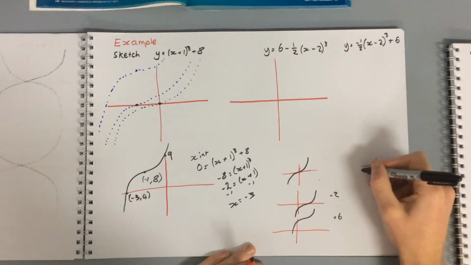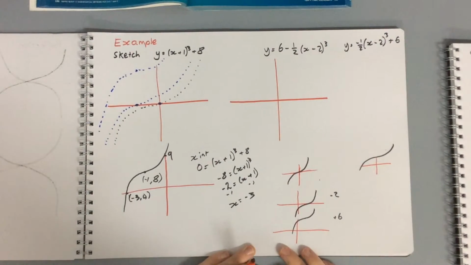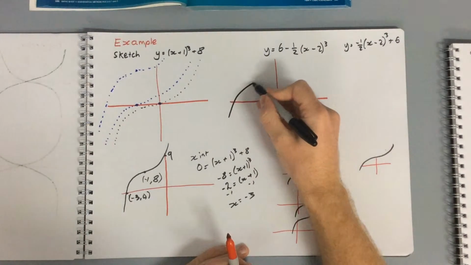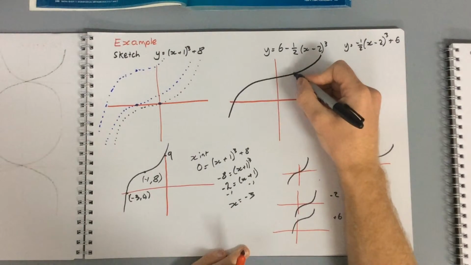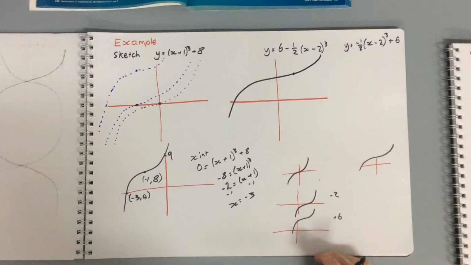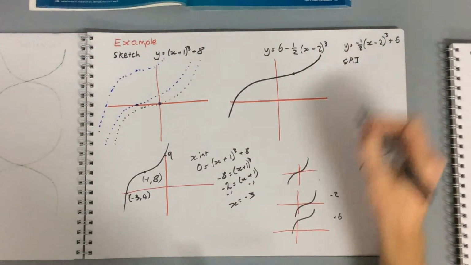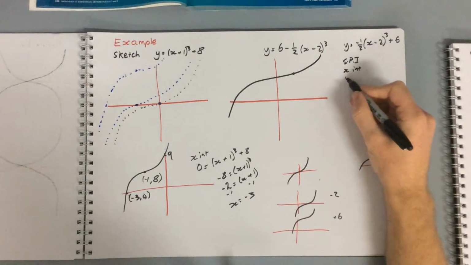So it'll look something like that. Just as a rough sketch, I want to try and find that stationary point of inflection, the x-intercept and the y-intercept.